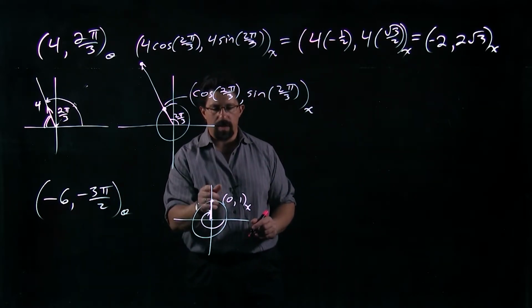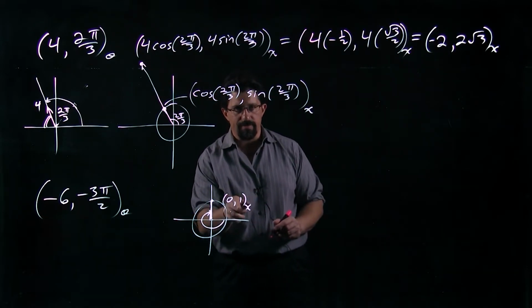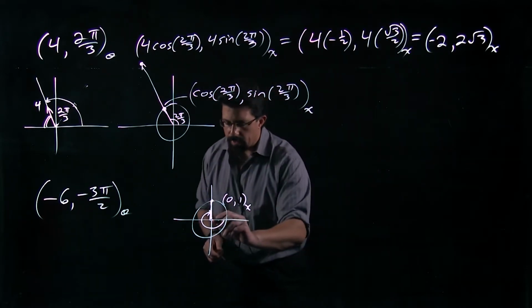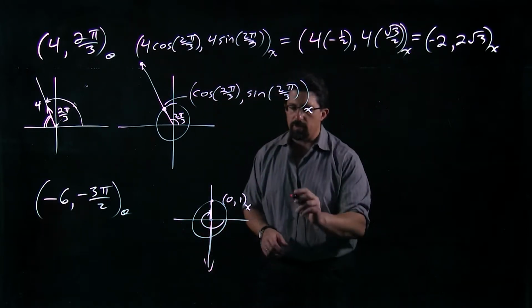And so we're facing that way, but we're going negative 6. That means we take this vector and we multiply it by negative 6 to get something that's a little bit south of the screen.